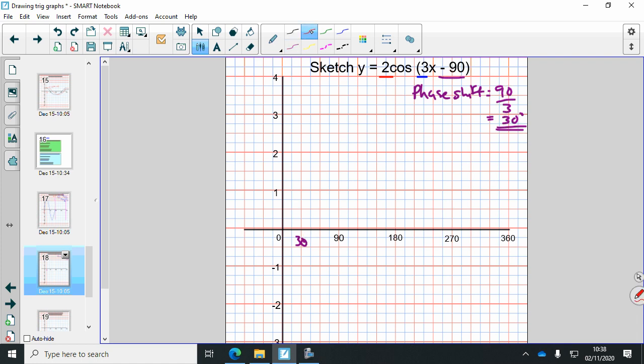Now it's 2 cos, so it's going to start at 2 rather than 1. And we need to fit 3 waves in there. So that means a single wave is going to be 120 degrees long. So that means it's going to finish here at 150. It needs to go between 30 and 150, which is 120.